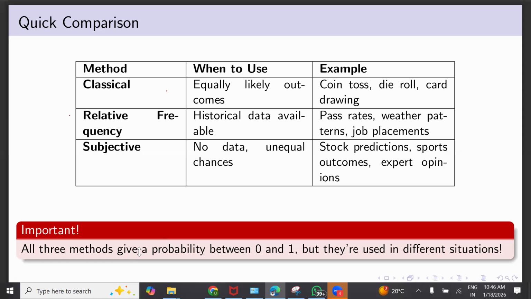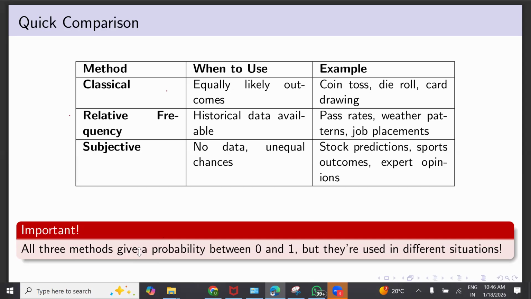Examples of the classical method are coin toss, die roll, card draw. For relative frequency: pass rates, weather pattern, job placement. And subjective: stock market prediction, sports outcome, expert opinion, and so on. So this is our final takeaway.